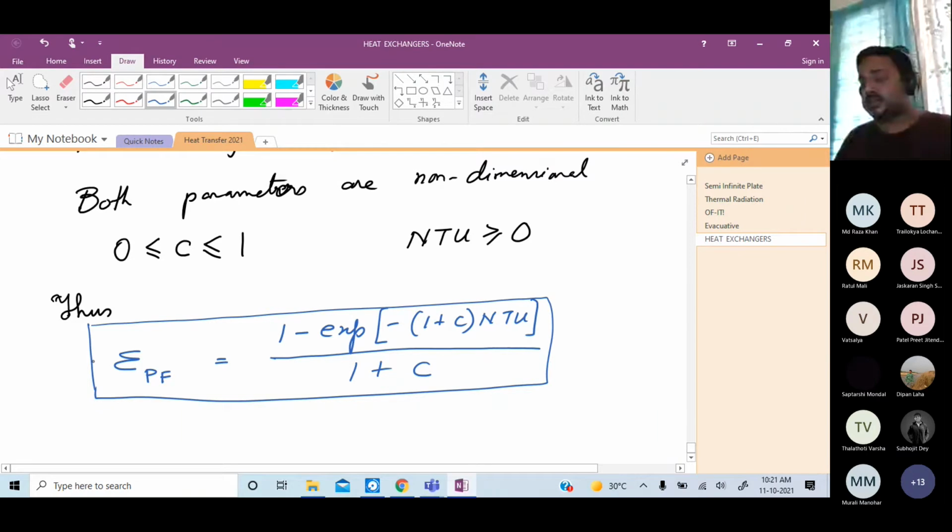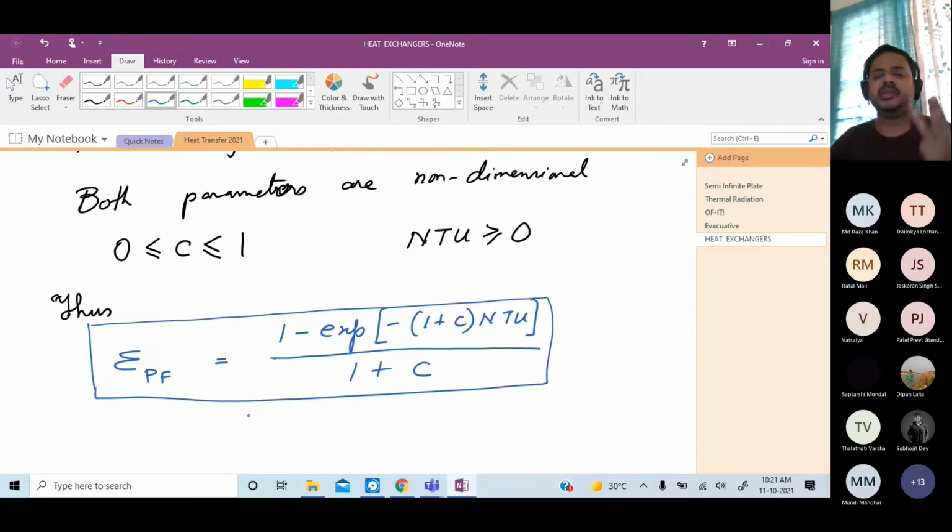Again, I'm not asking you to remember this, but it is something that one can remember. It's a very neat expression that captures the performance of the heat exchanger in terms of three non-dimensional terms: the effectiveness, the heat capacity ratio C, and the number of transfer units NTU.